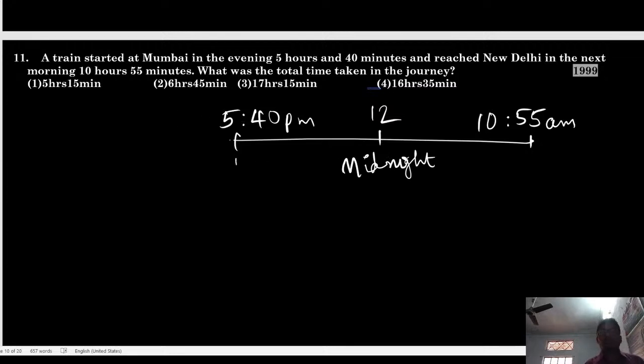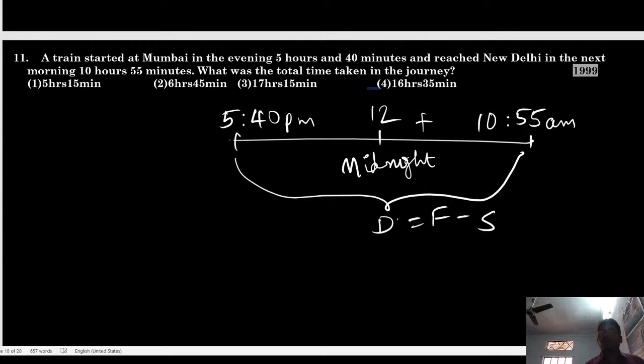Here also we have to find duration of activity. Duration of activity is equal to finishing time minus starting time. This is the formula.